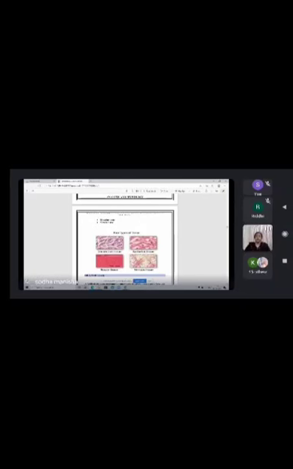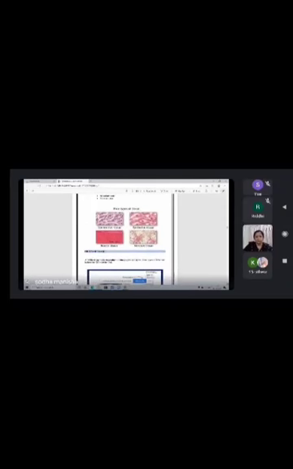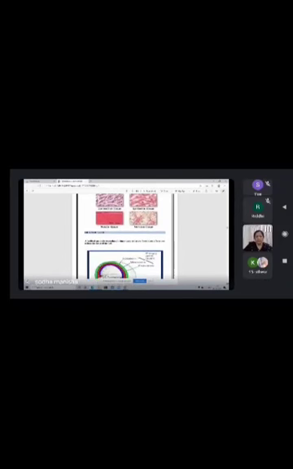These are the 4 different types of tissues on your screen. Diagram is there for connective tissues, epithelial tissues, muscular tissues, and nervous tissues. So each of these different types of tissue we'll discuss in detail one by one.